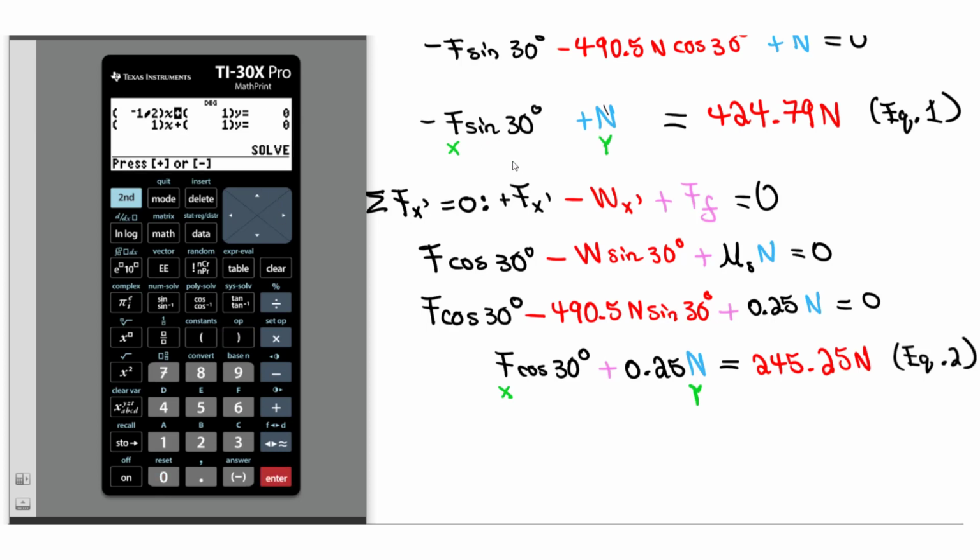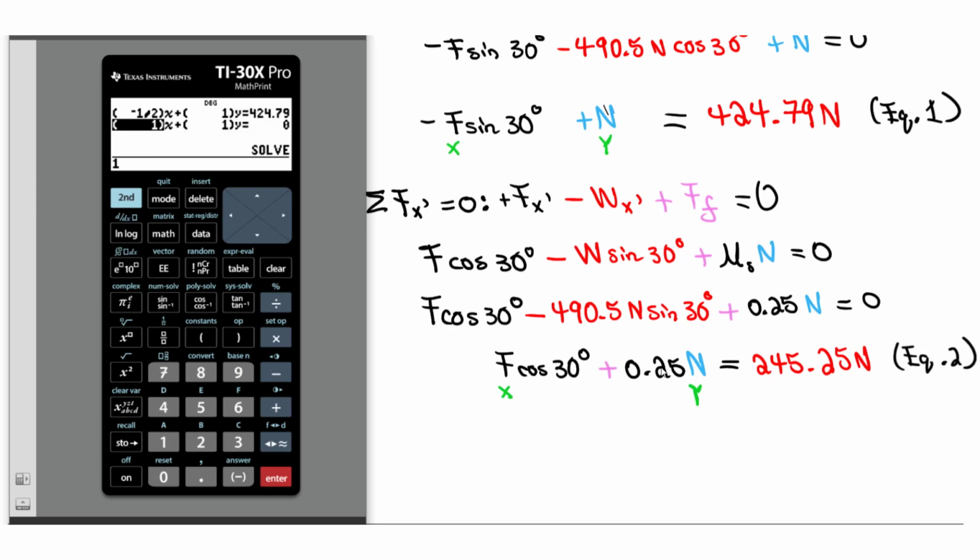So it's negative 1/2, because sine 30 is 1/2. So that's there. Then we do plus N, so plus y, so there's just a 1 in front of the y. That's fine, but on the right side here we have 424.79. Okay, so that's equation 1.